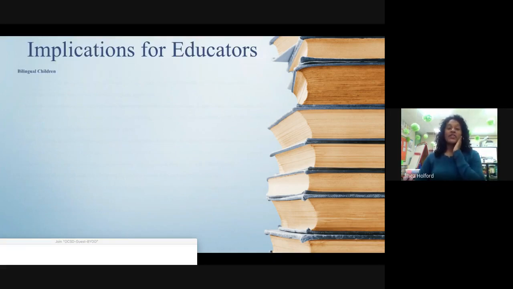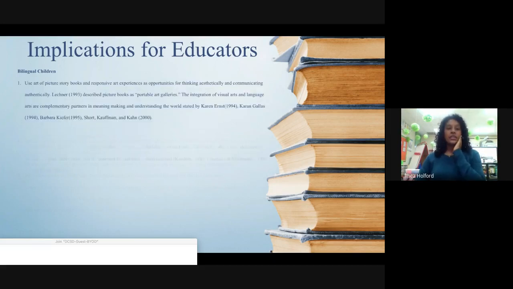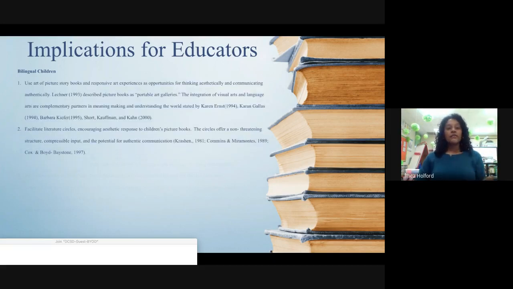Implications for educators, bilingual children. Use art of picture storybooks and responsive art experiences as opportunities for thinking aesthetically and communicating authentically. Okay, Lechner described picture books as portable art galleries.